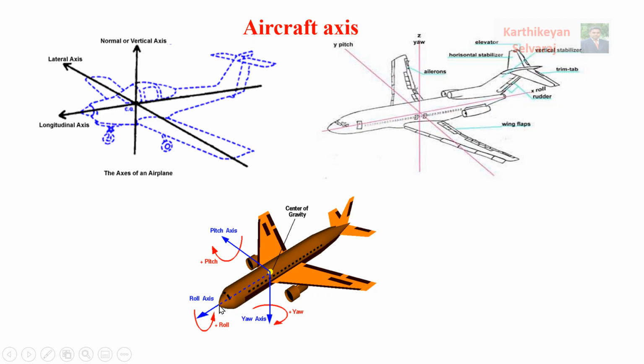For example, pitching action will happen through the rotation of the lateral axis. On the lateral axis, you can see this arrow mark. When the aircraft nose comes upward, that is called your positive pitching. Then opposite, when the aircraft nose is going down, it is negative pitch.